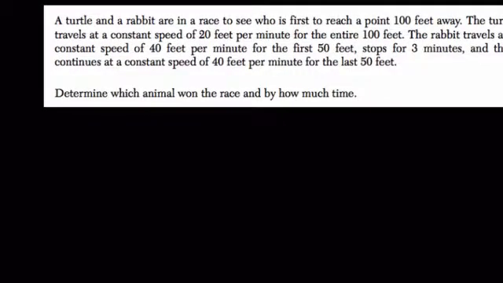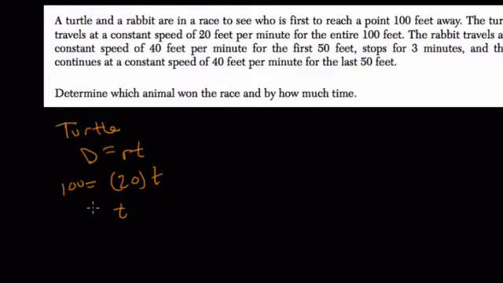A turtle and a rabbit are in a race to see who is first to reach a point 100 feet away. The turtle travels at a constant speed of 20 feet per minute for the entire 100 feet. For the turtle, remember that distance equals rate times time. And it's 20 feet per minute as our rate, times the time, equals 100 feet.